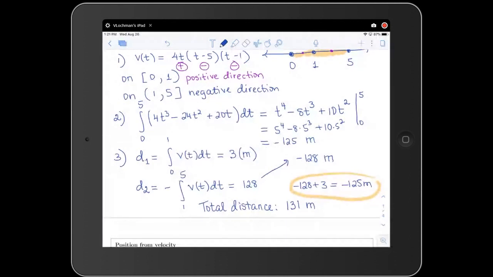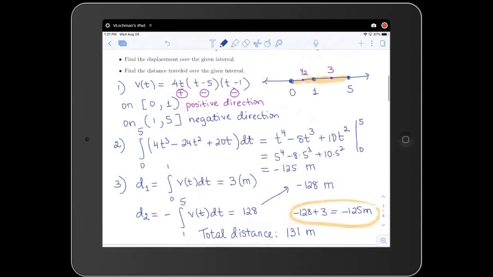Let's check this. Let's see. So for the displacement value over 0 to 5, they got negative 125 meters.